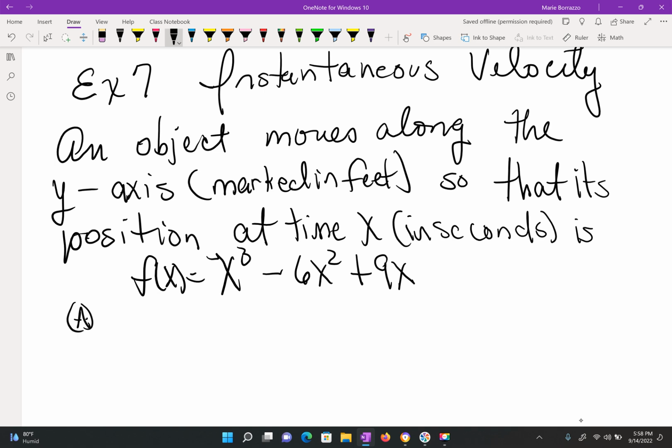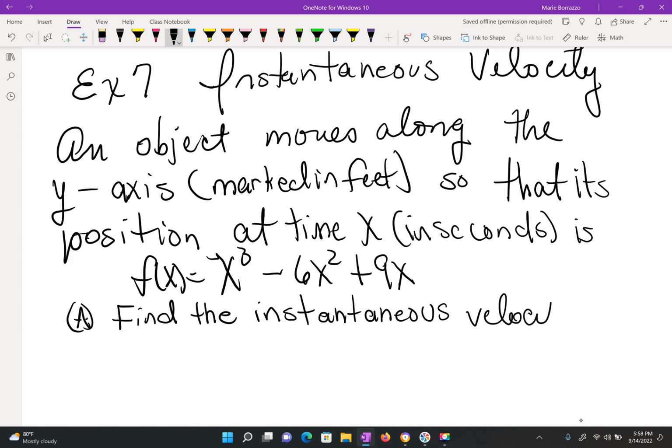Question stem A says find the instantaneous velocity. So make a note mentally of the question stem and what we're going to do. So we're finding the instantaneous velocity of the function.